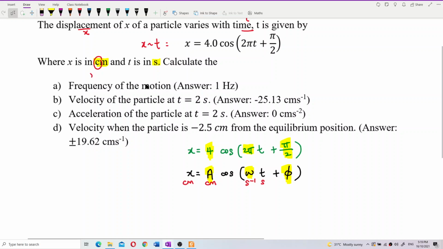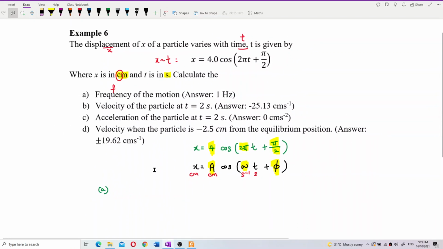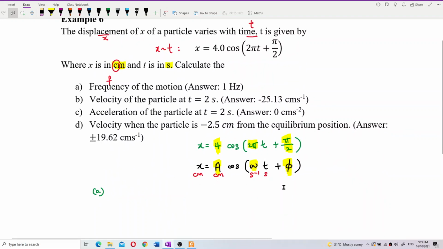So the frequency is f. How to find the frequency? All right, let us do it. We have the omega, isn't it? Omega is 2 pi, just compare with the one above. So omega is 2 pi, and the equation for omega is actually 2 pi f.